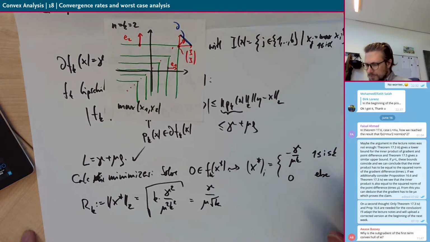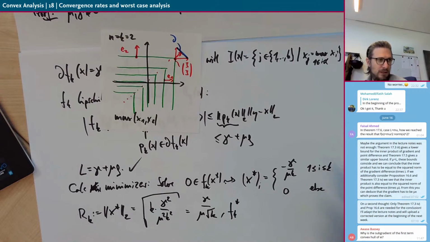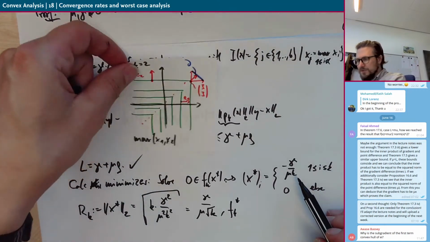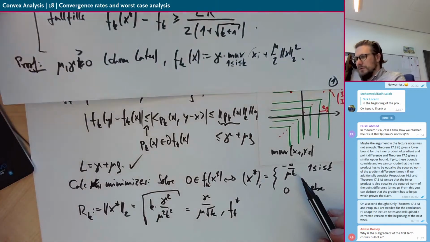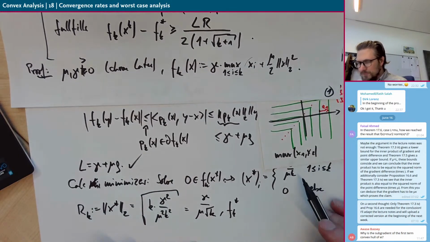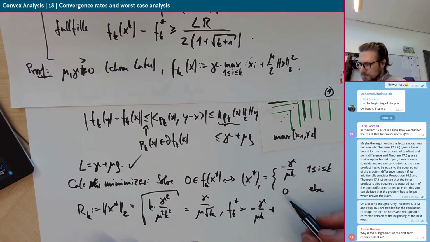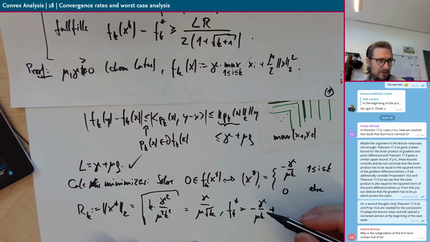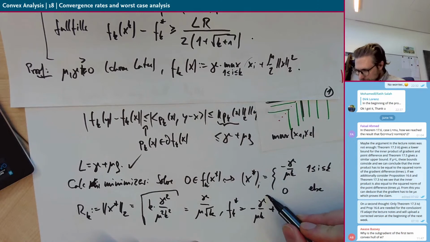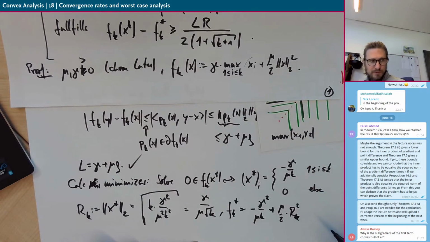And also we need the optimal value, f_k star. We just plug this into our function. So the function is given here. The maximum among the first k entries is this minus gamma over mu k. So we have this, plus gamma squared, because we have gamma times the maximum, plus mu over 2 times the norm of x star squared.